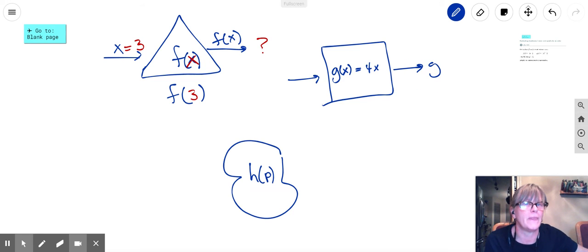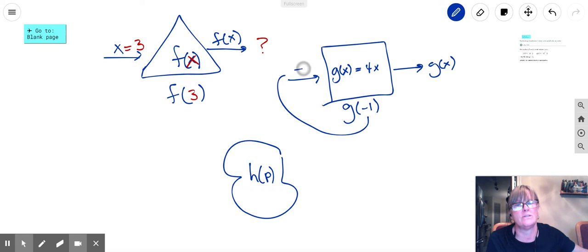G of x. Okay. So I will say, what is g of -1? What that means is that -1 is now your x. You're going to input it into the machine. It's going to go in, get multiplied by 4 because it's like, oh, look, I have a -1. I'm going to multiply by 4. And then what gets spit out is a -4. So that point right there would be (-1, -4).